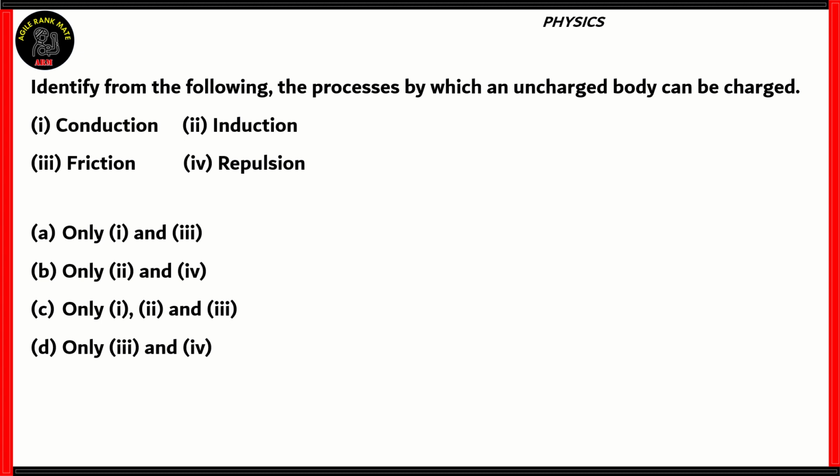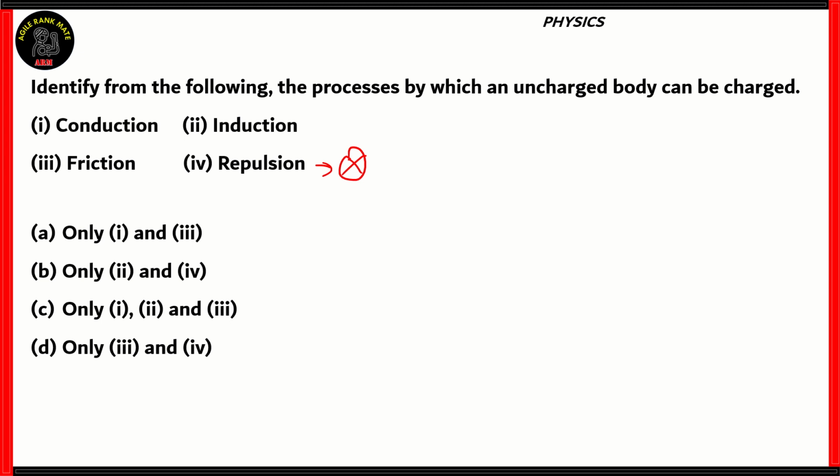So if we look at each of these, 1, 2, 3 and 4, repulsion is not a method to charge an uncharged body, because if two particles repel each other, that means their charges are the same, and both of them must have a charge.